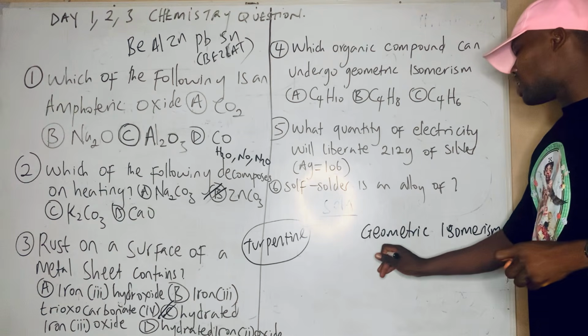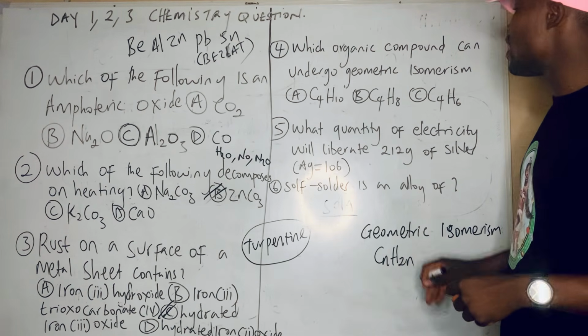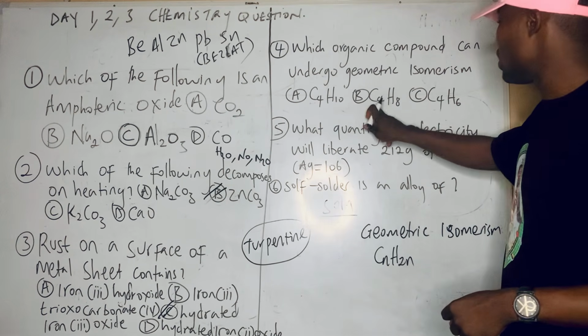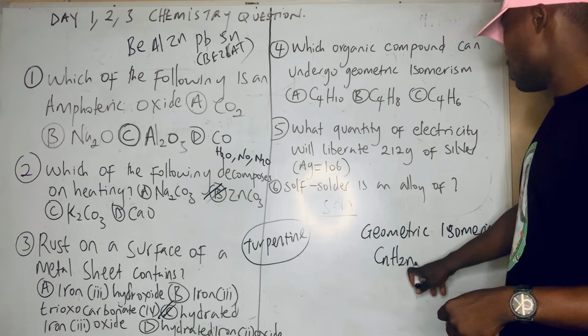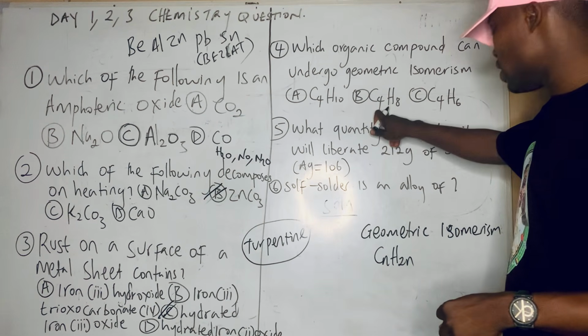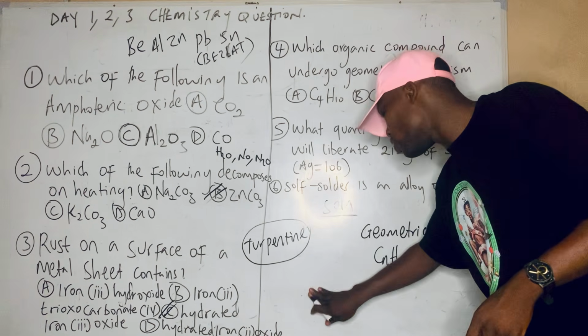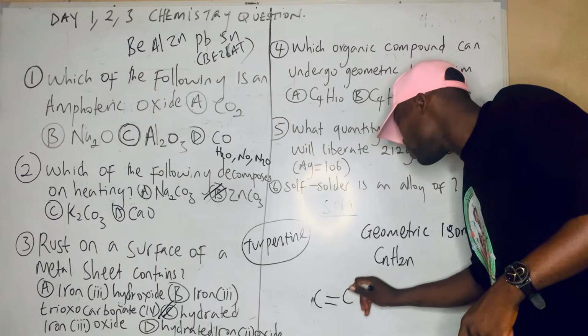Alkenes have the general formula CnH2n. So C4H8, since 2n, 2 times 4, is 8. So this is butene. Butene can exhibit geometric isomerism. If I should draw butene for you, it is something like this.